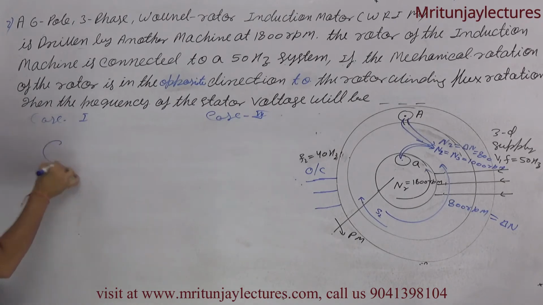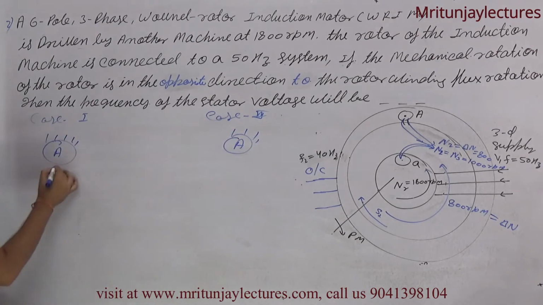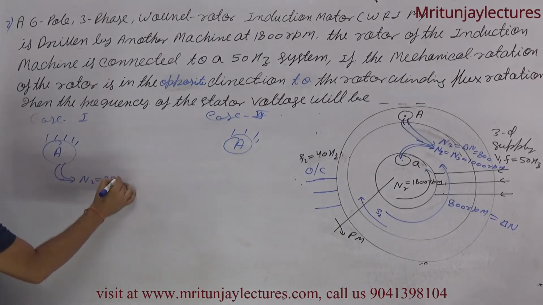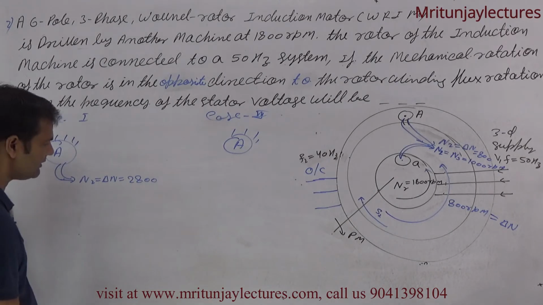In case first, for the stator, N2, it means delta N, is 2800 RPM.